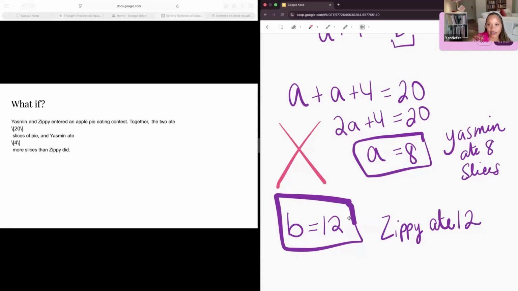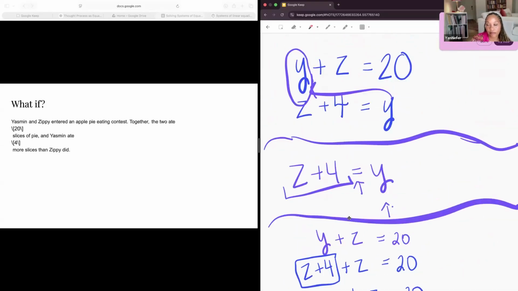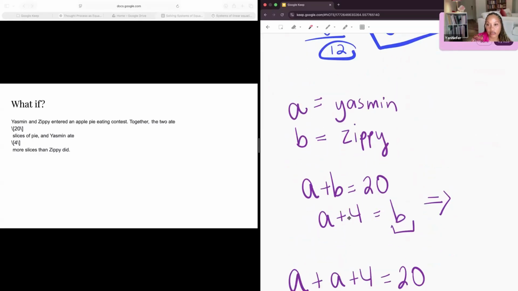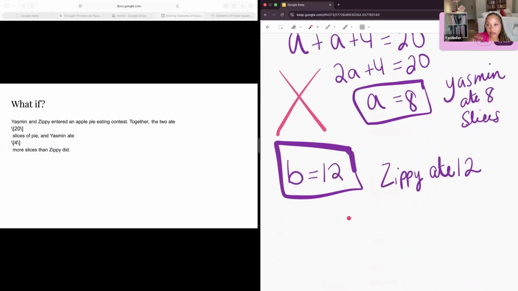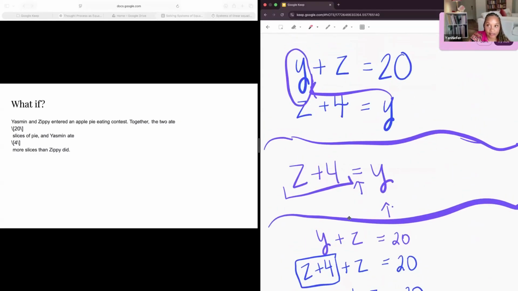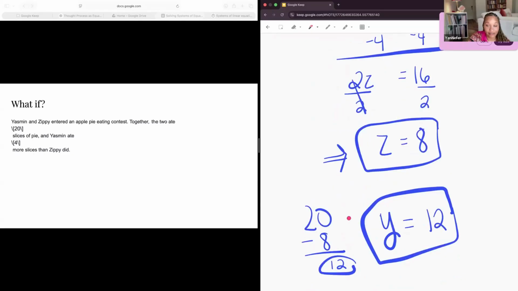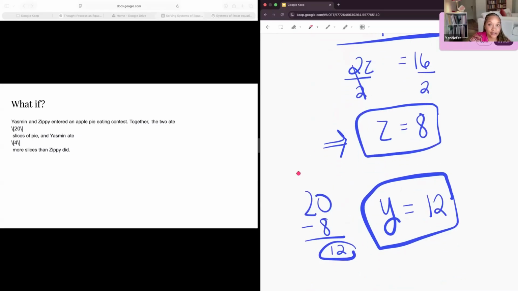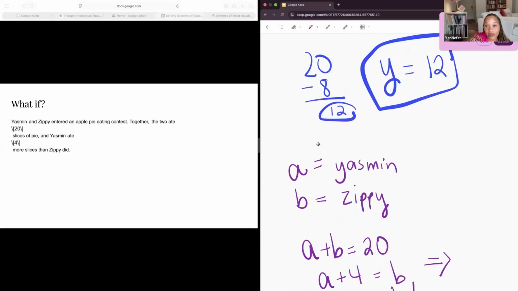And for someone who doesn't know, they would look at the math and say, well, the math is correct. The math is going to work out to be that one person ate 8 slices and the other ate 12. But in your aggregating of the problem, if you misname the variables, you will reallocate the values. So it's really subtle, but it's there.